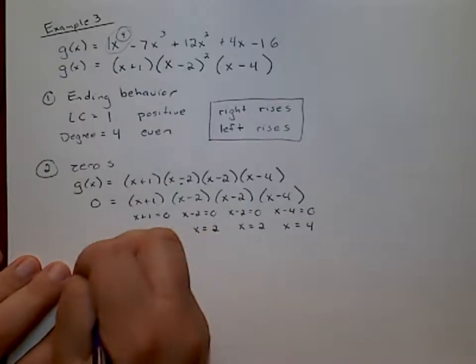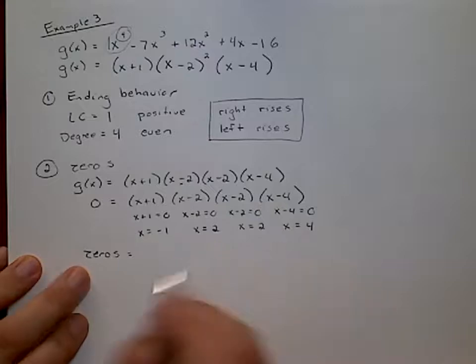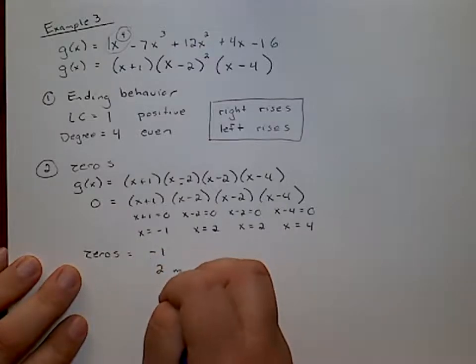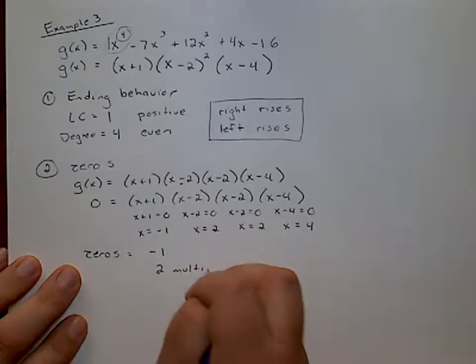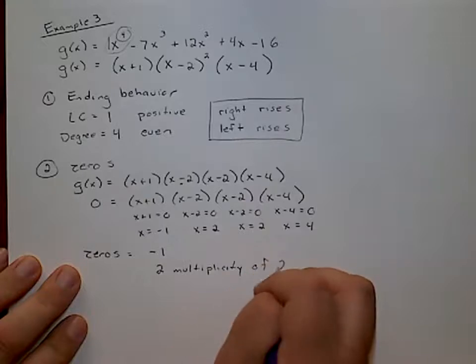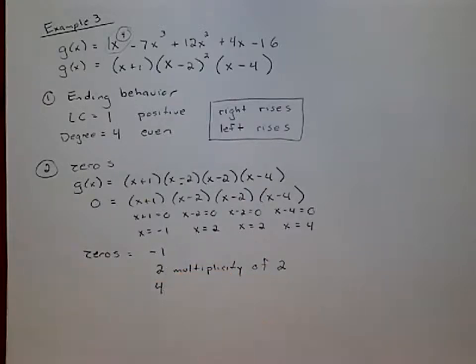So that means that we have zeros of -1, 2, but 2 has a multiplicity of 2, and 4. So -1 and 4 have multiplicities of 1, but 2 has a multiplicity of 2.